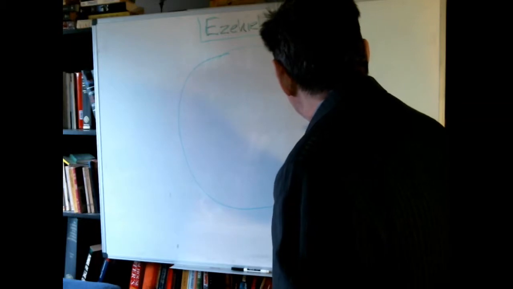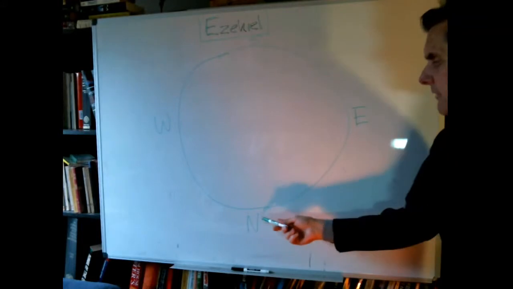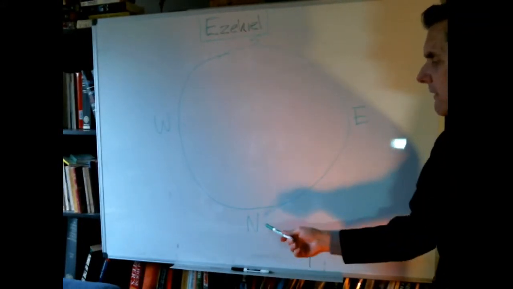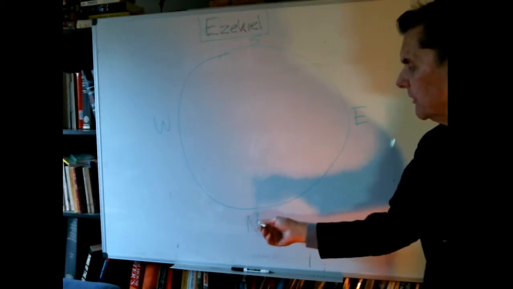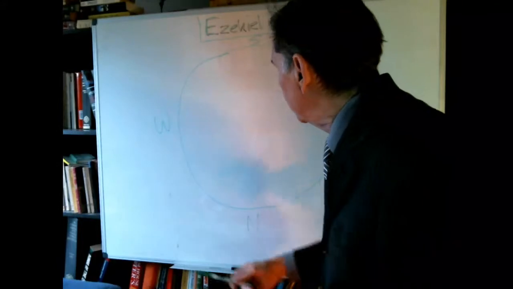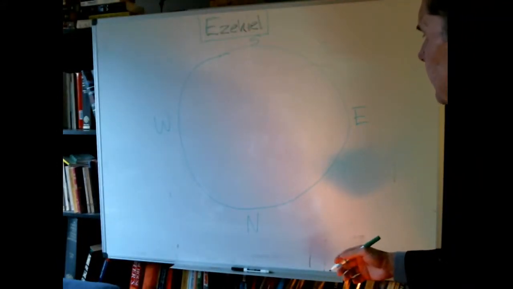If we go with our normal east and west, the north is down here and the south is up here. This seems a little funny that the north is here and the south is here, but if you think about it for a minute, imagine you're looking north, the east is to your right and the west is to your left, and so forth.